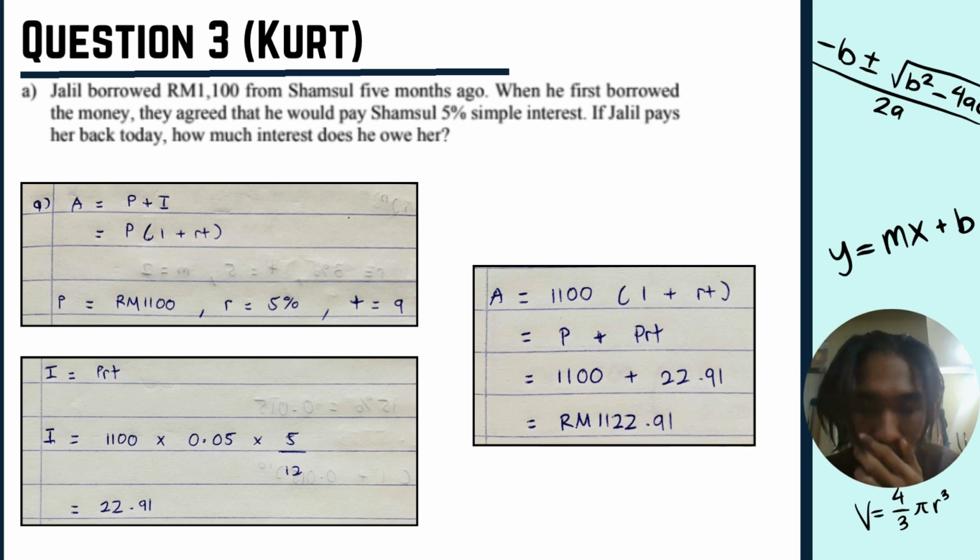Then I put the PRT inside the formula and get the answer 22.91, and then I accumulate the totals, so I get 1,100 plus 22.91, and you get RM1,122.91.